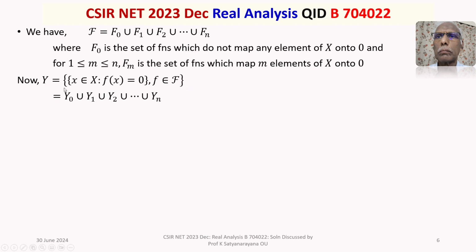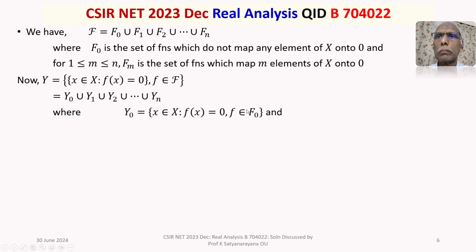Right. So, this is the definition of Y, and we have already seen that the elements of Y are subsets of X. So, Y naught union Y1 union Y2 union Yn, where Y naught is the set of all those x belongs to X, f of x is equal to 0, f belongs to F naught.